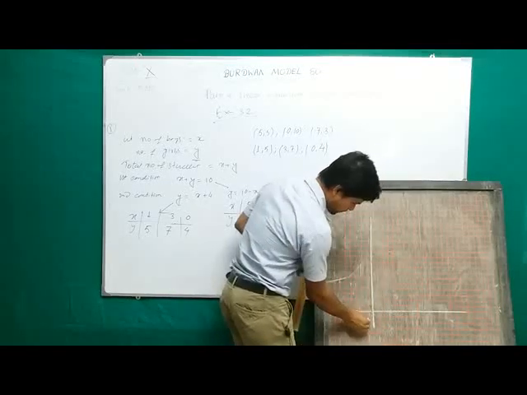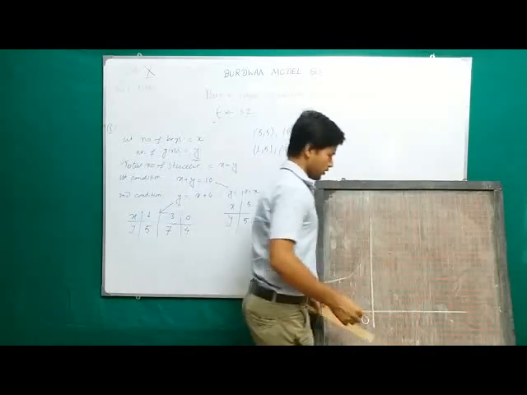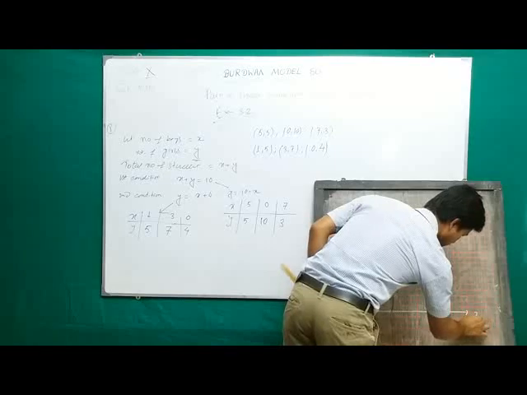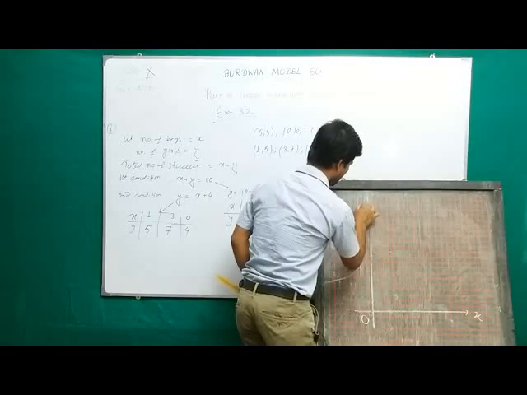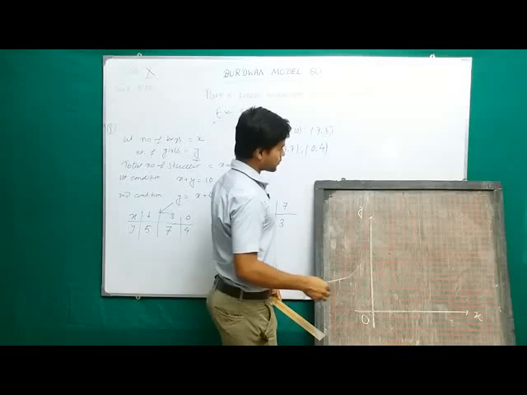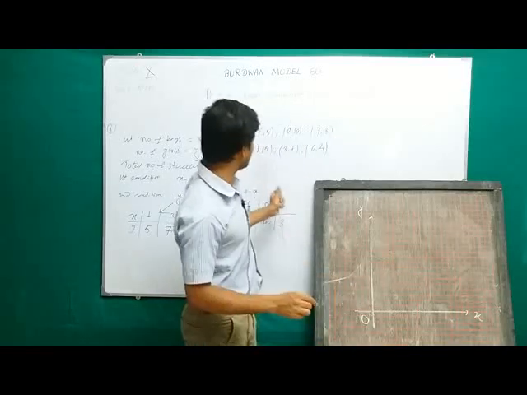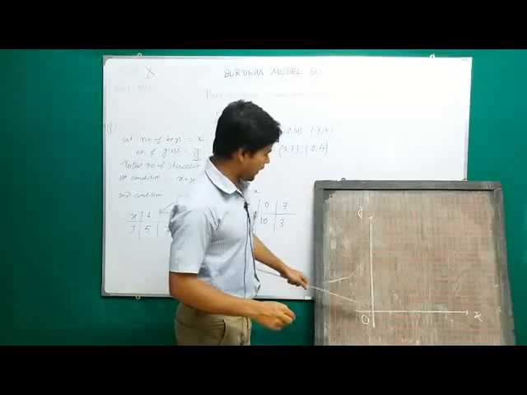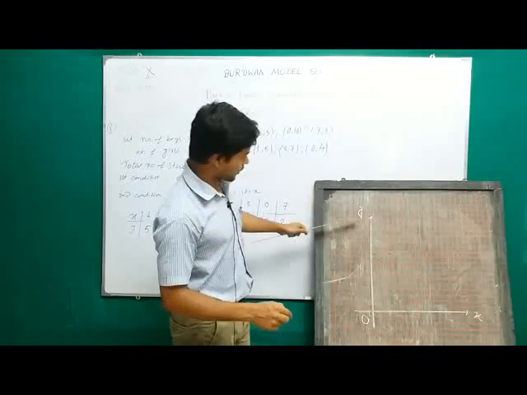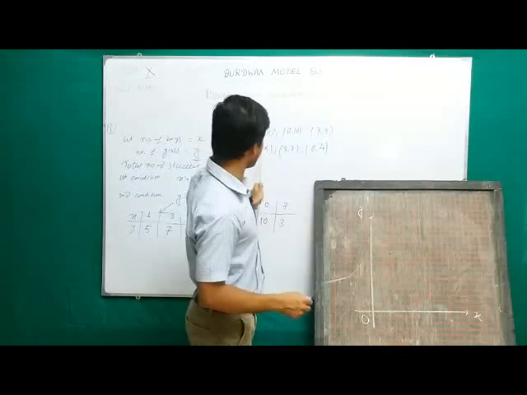The point where the x-axis and y-axis intersect is known as the origin. Now plot the point 5, 5. If I consider one box equal to 1 along the x-axis and along the y-axis, the first point is 5, 5.